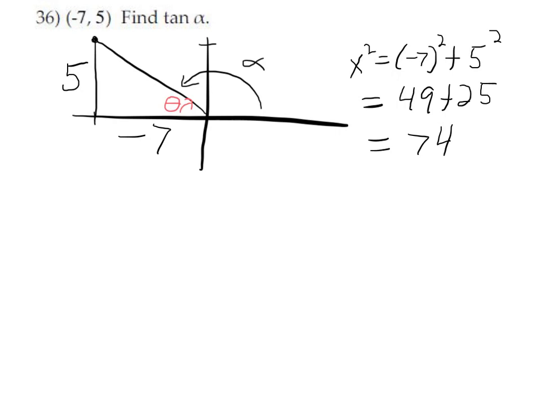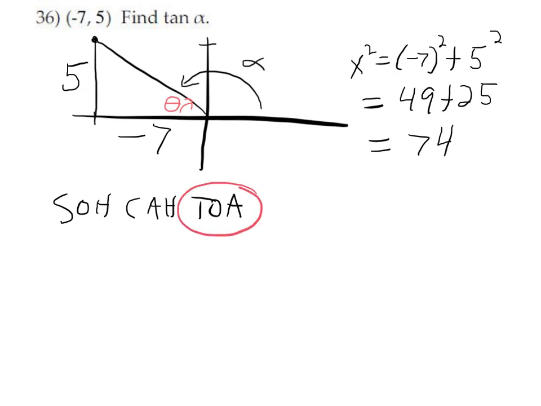Actually, we didn't even need that, as I'm thinking about it now. From SOHCAHTOA, tangent is opposite over adjacent. From the perspective of theta, opposite is 5, adjacent is -7. We actually didn't need any of that work.